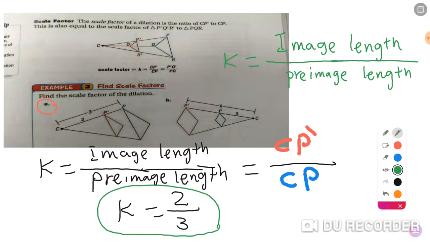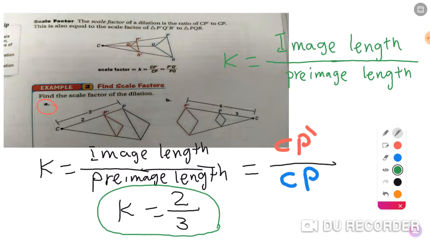And it shows the dilation represents a reduction. Since we have a bigger triangle, which is in blue, this triangle has become smaller. So this dilation represents a reduction, and the scale factor of this dilation is 2 over 3. And the scale factor for a reduction must be smaller than 1.